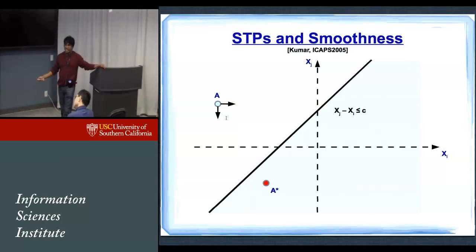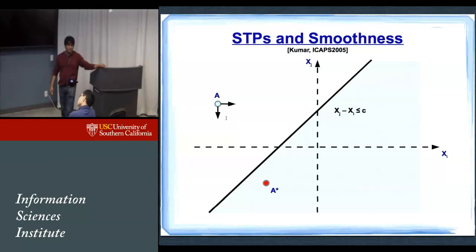Here I claim the required pair of directions at every infeasible point, to establish the notion of smoothness, is like this. So at every infeasible point, there exist two directions towards the axes themselves, such that moving along at least one of those two directions brings me closer to a feasible point, no matter where it's placed in the feasible region here.